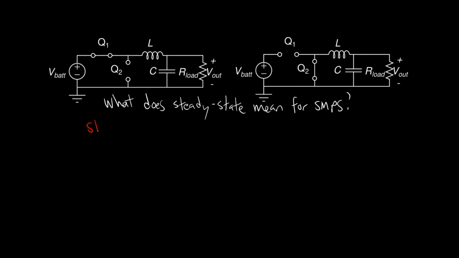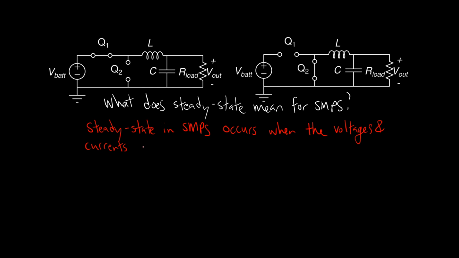Steady state in switch mode power supplies occurs when the voltages and currents of the circuit begin and end each switching cycle with the same value.